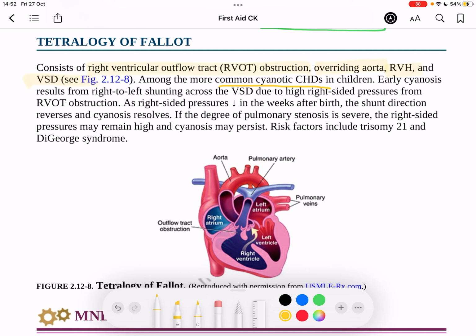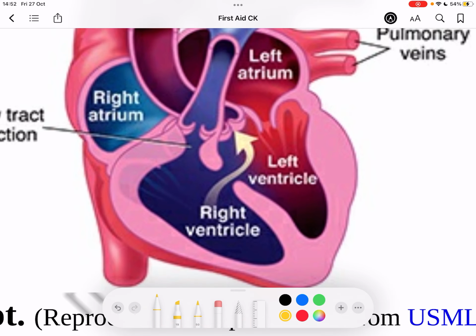You usually see early cyanosis because of this right to left shunting across the VSD, but you're probably thinking, Kyle, you said before if I have a VSD, I'm going to have left to right shunting. I'm not going to have any cyanosis. And that's a good point, but the problem is due to this subpulmonic outflow obstruction.